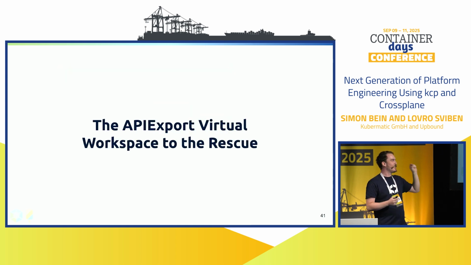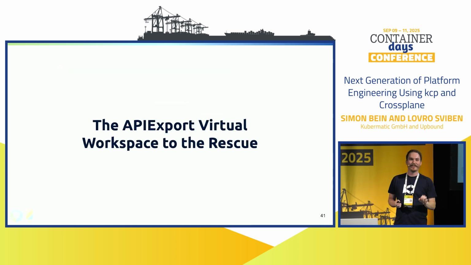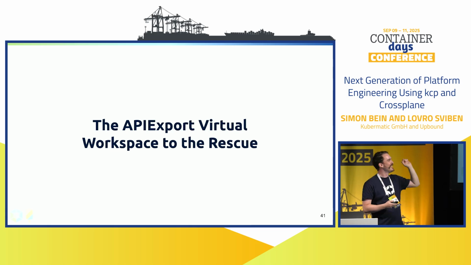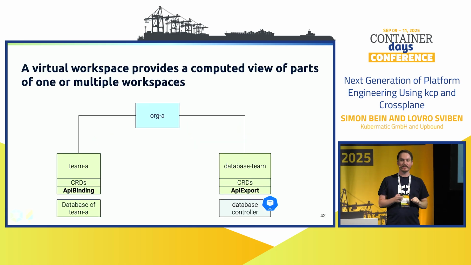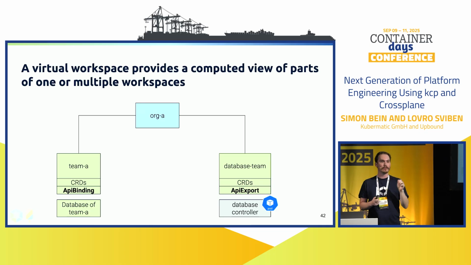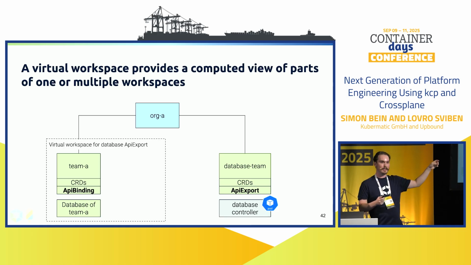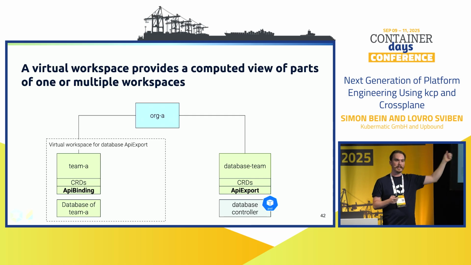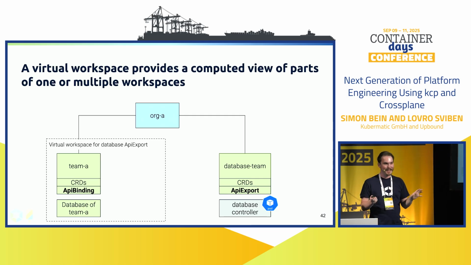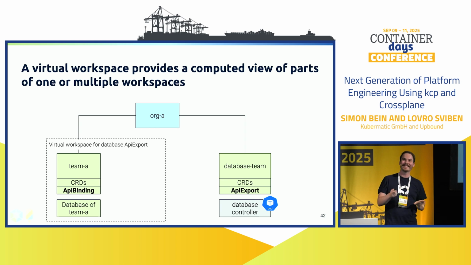And this, I promise, is the last KCP concept you will need to understand for today: the API export virtual workspace. There is a special feature in KCP called virtual workspaces that allows you to create an abstraction, or a computed view, of one or multiple workspaces. There is one for API exports, matching the database API export. It will get automatically created. It's a little bit black magic, but we'll get into this.